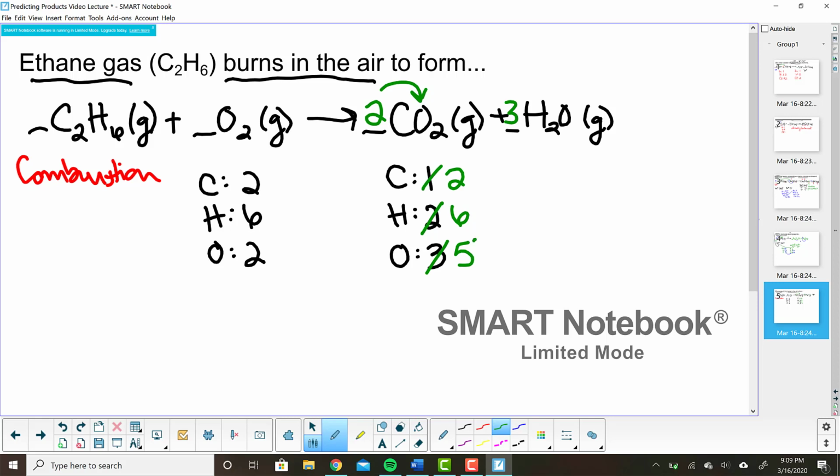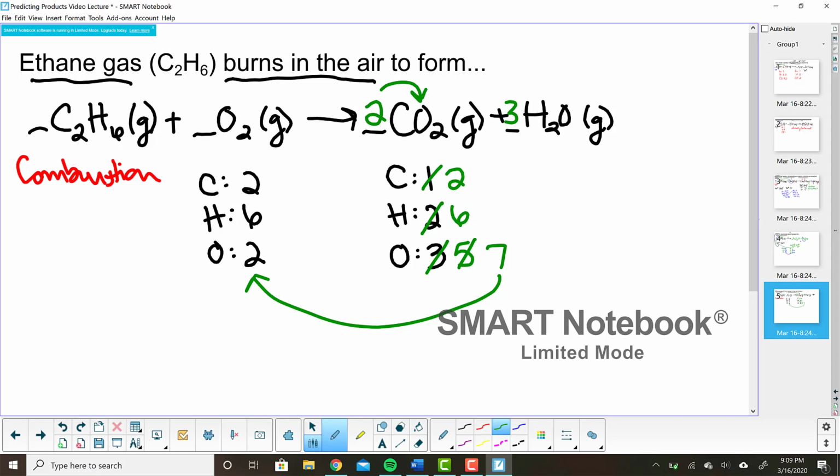I just need to evaluate how that last change changed my number of oxygens. All right, let's see. I've got 4 from the CO2, 3 from the water. That's not awesome, because now I'm left with 7. And there is simply no way for me to get O2 on the left here to equal 7.